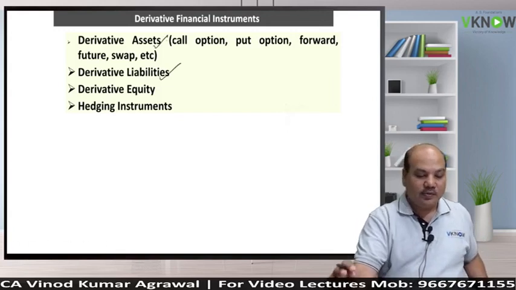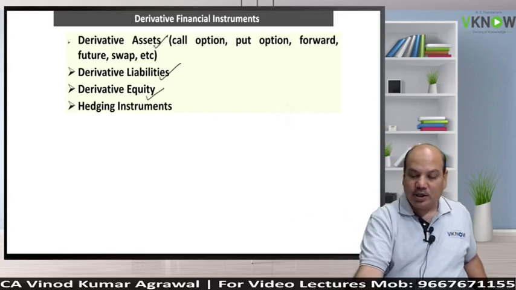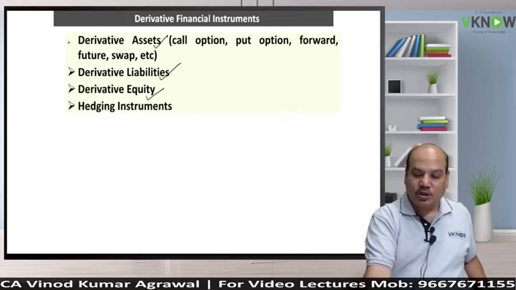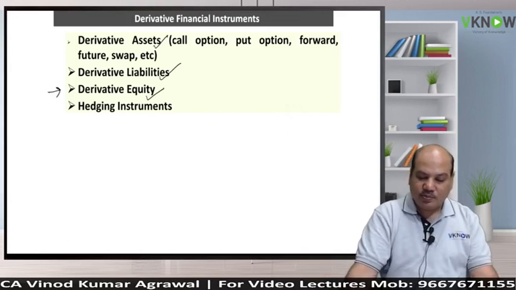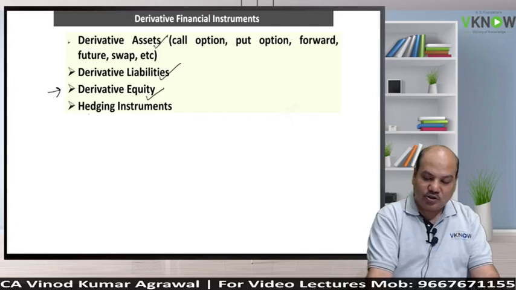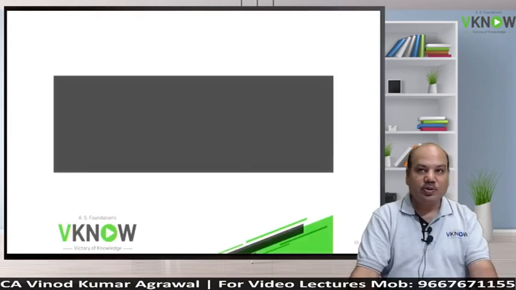A derivative can be a liability also, or it can be a derivative equity also. We will see all this in the coming part of this chapter. And then there are hedging instruments. Derivatives are used as hedging instrument also. So our scope of work deals with doing accounting of these items.